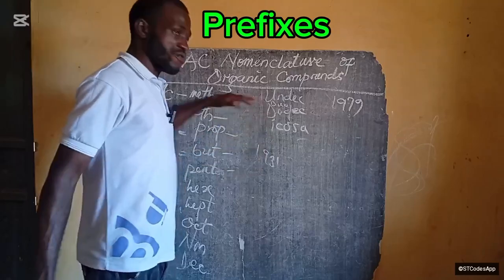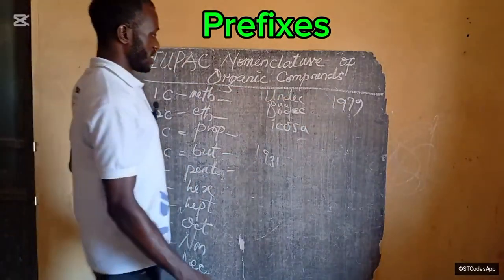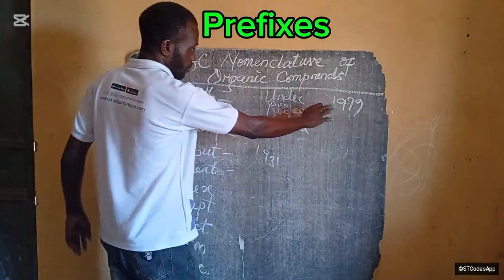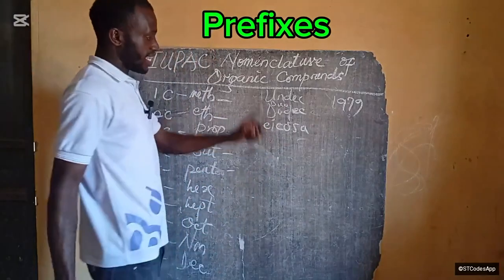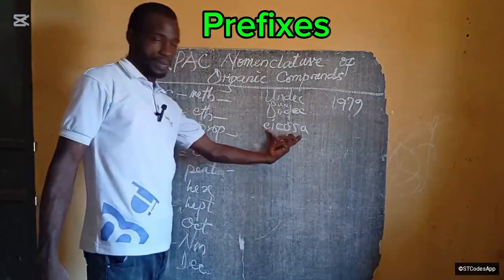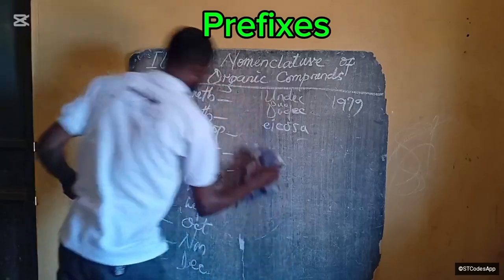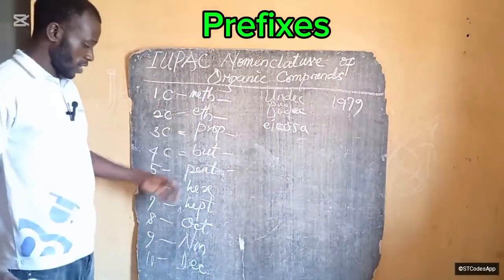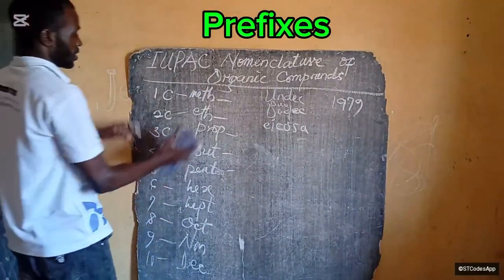Then the convention we use now was revised in 1979. Prior to this time, eicos used to be spelled E-I-C-O-S, so if you see that spelling, it's still the same, okay? All right. Basically most of the questions we are going to be solving use the first 10, and that's why I give you the 10 completely. All right.